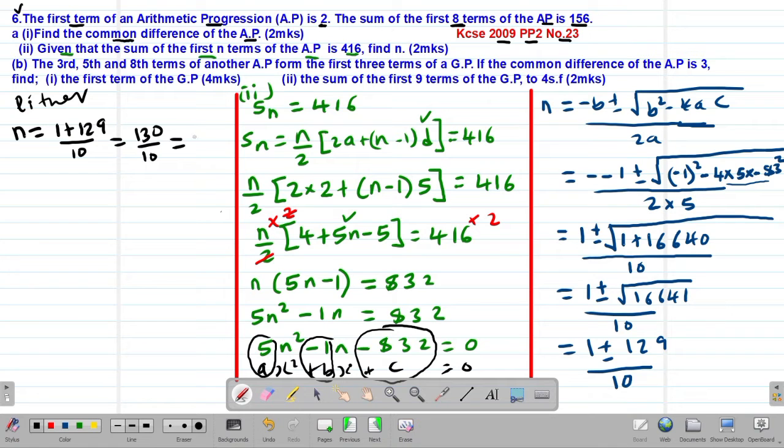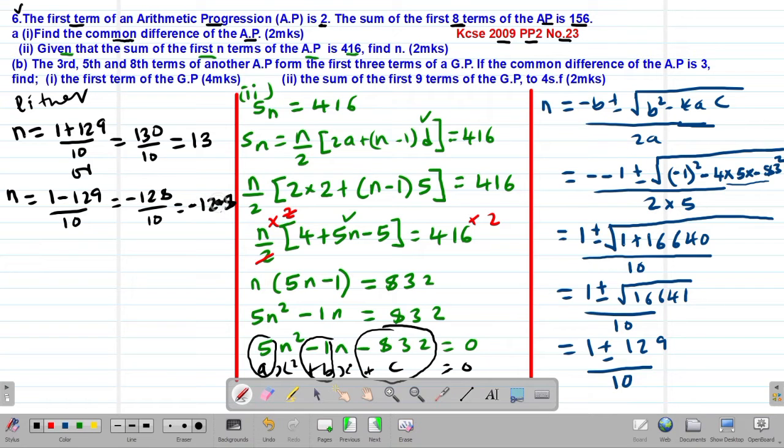So, of course, this one will give me +13. Or n can as well be given by 1 minus 129 divided by 10, which of course will give me -128 divided by 10, which will just be equivalent to -12.8.